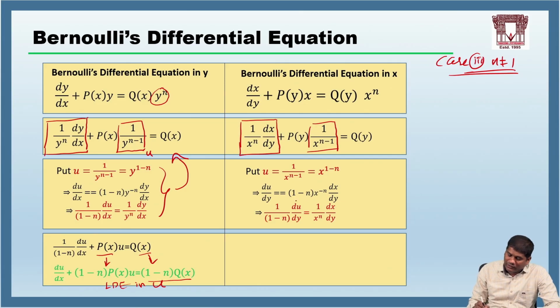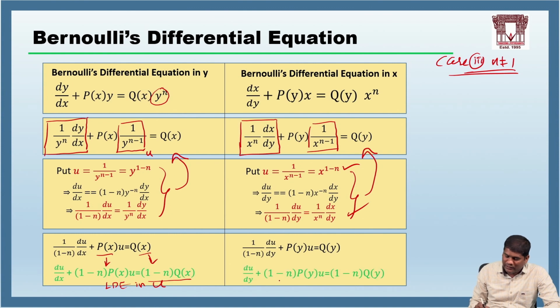Writing 1 minus n on the left hand side, 1 divided by 1 minus n into du by dy is equal to x power minus n, that is 1 by x to the power n into dx by dy. We substitute these both quantities in this expression, then we get this one. Then multiply by 1 minus n on both sides, and we get this. It is a linear differential equation in u.